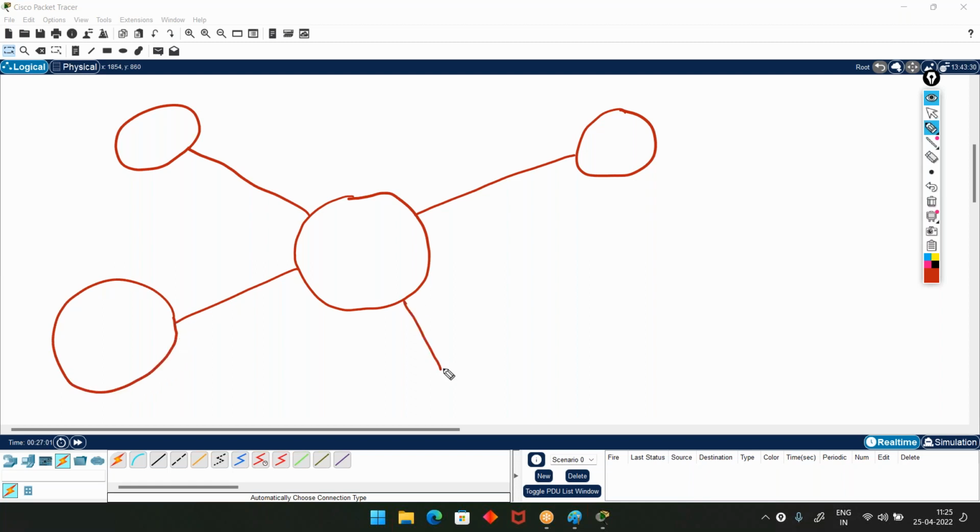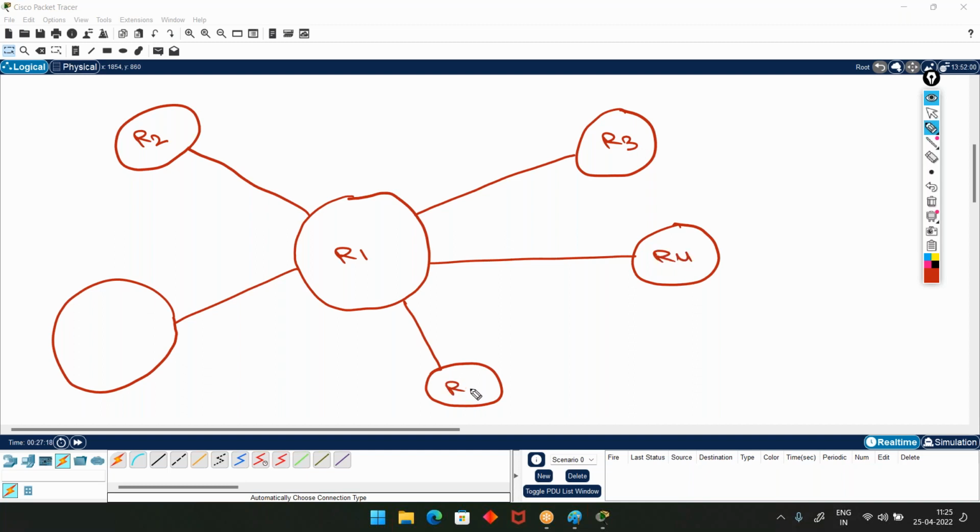Assume it is the R1 router, this is the R2 router, the R3 router, the R4 router, the R5 router, and the R6 router.